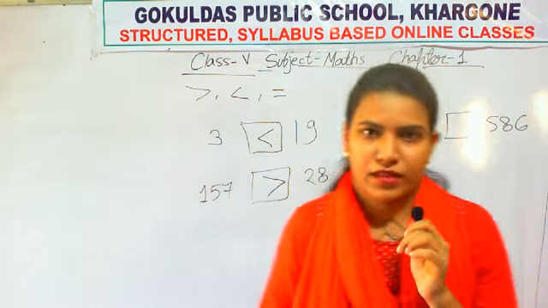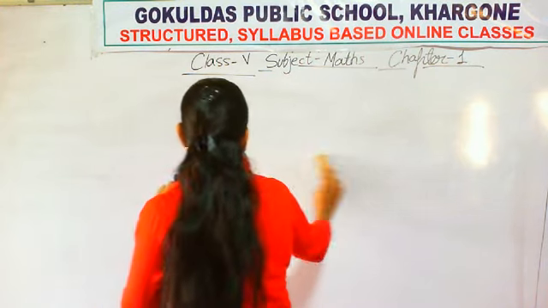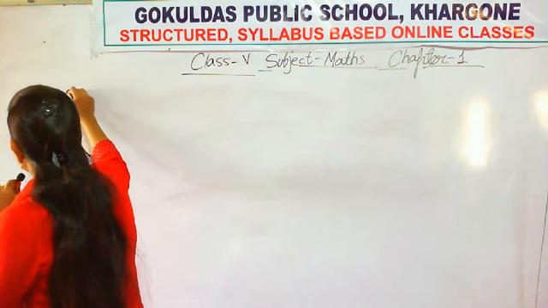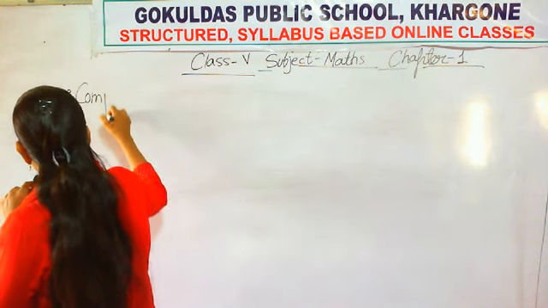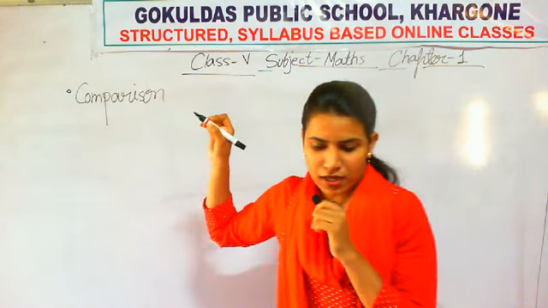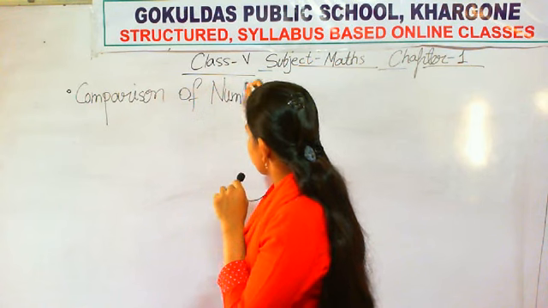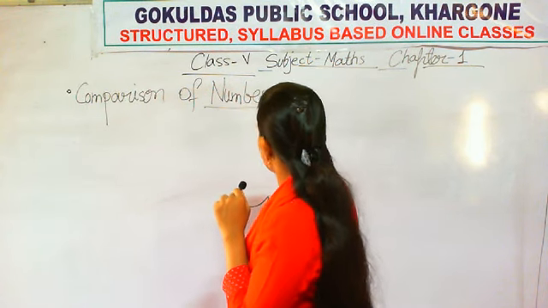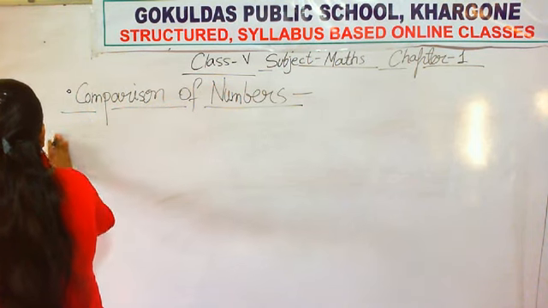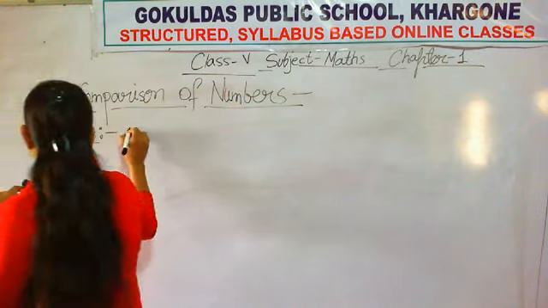I am writing the rule for the comparison of numbers. Our today's topic is comparison of numbers. Rule: what is the first rule?